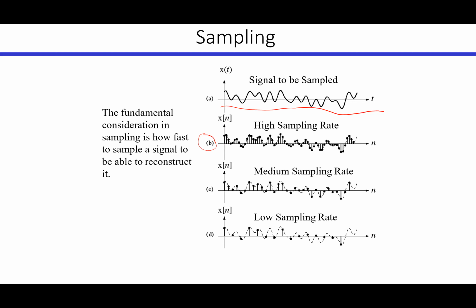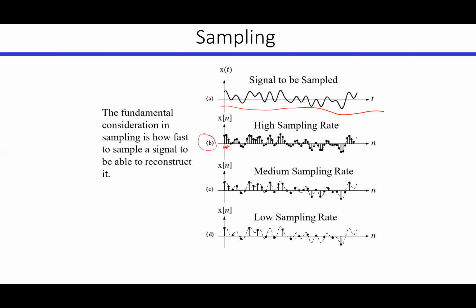You can see it here, it's this tiny distance between any two samples. This tells me how frequently I am taking my samples. Now, in the case of a medium sampling rate, you can see the distance between two samples in time has increased, so I'm taking less frequent samples compared to a high sampling rate. While in the case of a low sampling rate, this distance has become much bigger than it was in the case of the medium and high sampling rates.